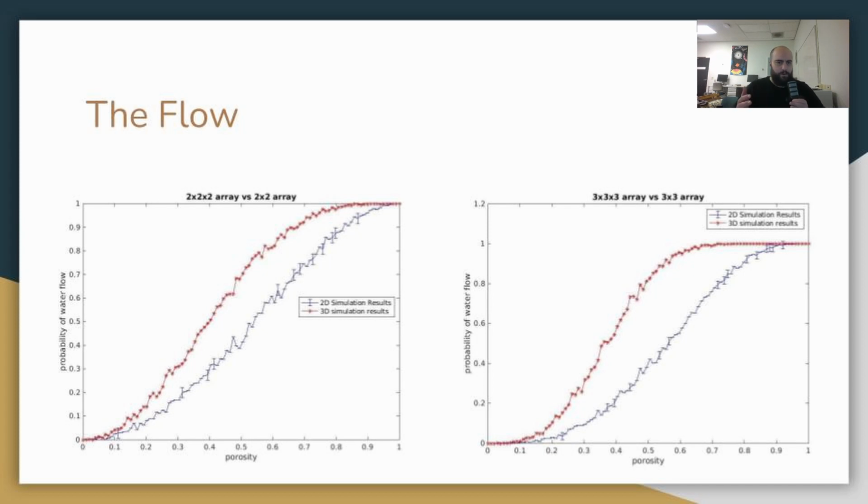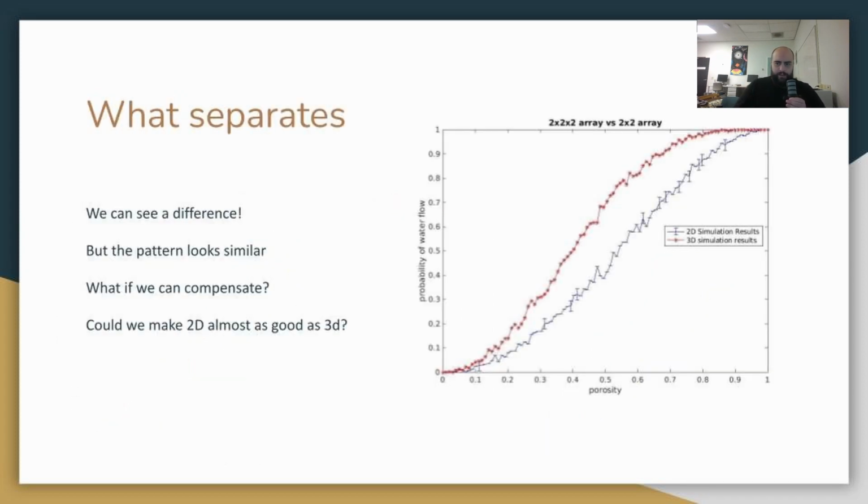So I wanted to know what is separating this 2D graph from the 3D graph. Can this be compensated? Because the pattern looked so similar that there had to be a connection there. So I did some thinking, and I think I found a pretty good way to visualize what was going on, at least in my head, in my problem solving.